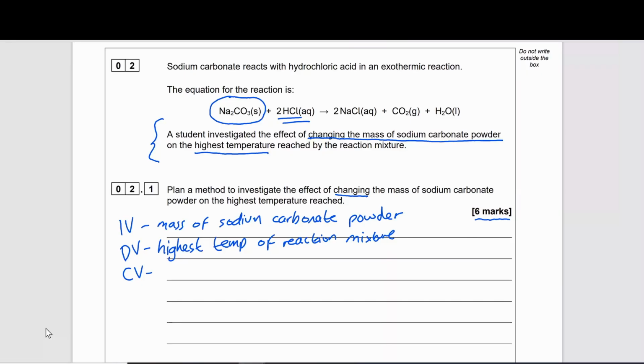The information given to us here doesn't tell us anything about the hydrochloric acid, so we need to mention it. It's aqueous hydrochloric acid, so a solution. So what properties would a solution have that we want to be aware of? Its volume and its concentration. So we definitely want to keep those the same. The volume of hydrochloric acid we need to keep the same.